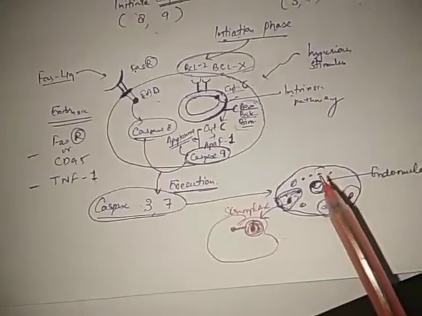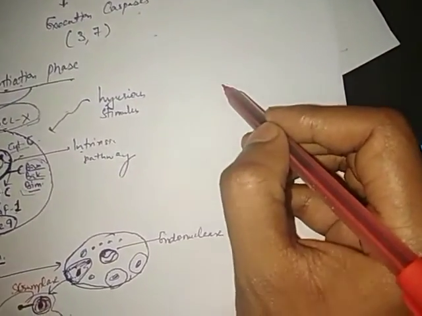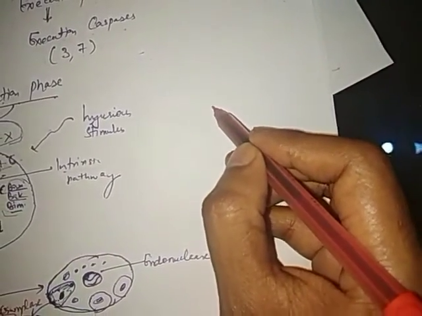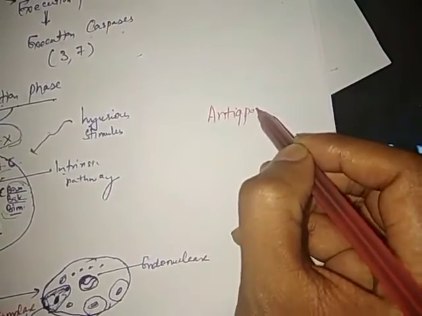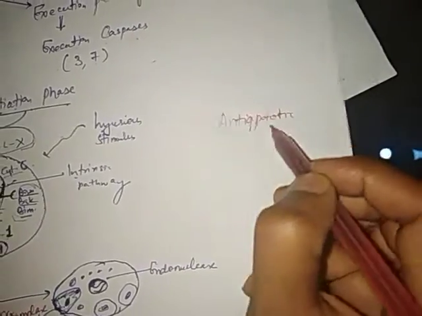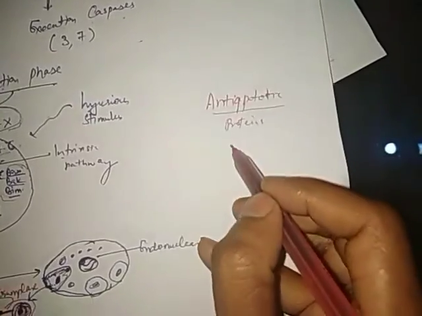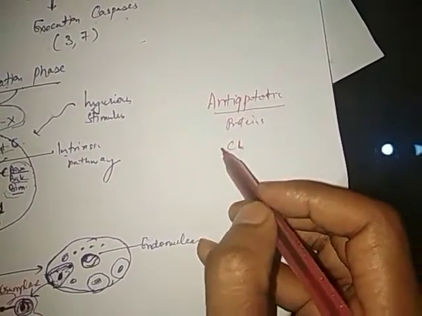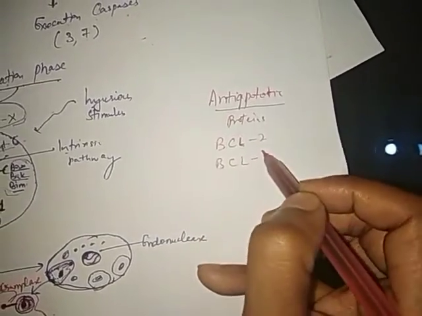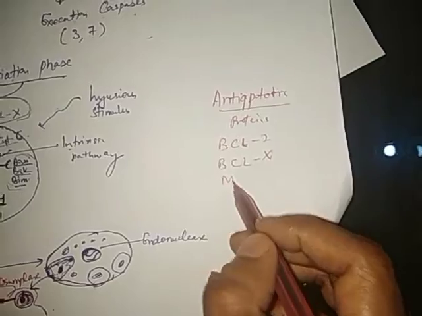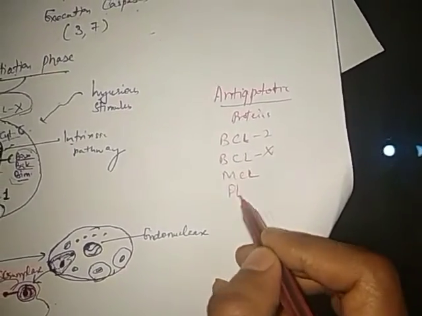Okay. Now I will tell you various pro-apoptotic and anti-apoptotic proteins. The anti-apoptotic proteins, you can remember like this: anything which has CL in it is anti-apoptotic, like BCL2, BCLX, MCL, and another, the FLIP protein.